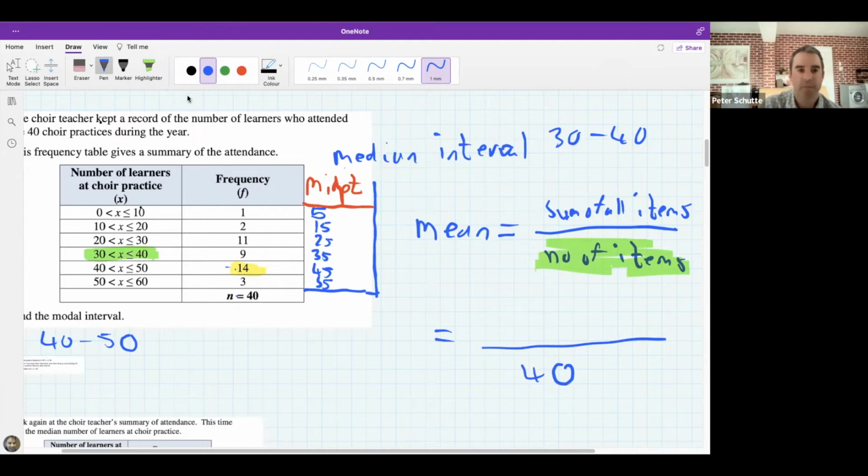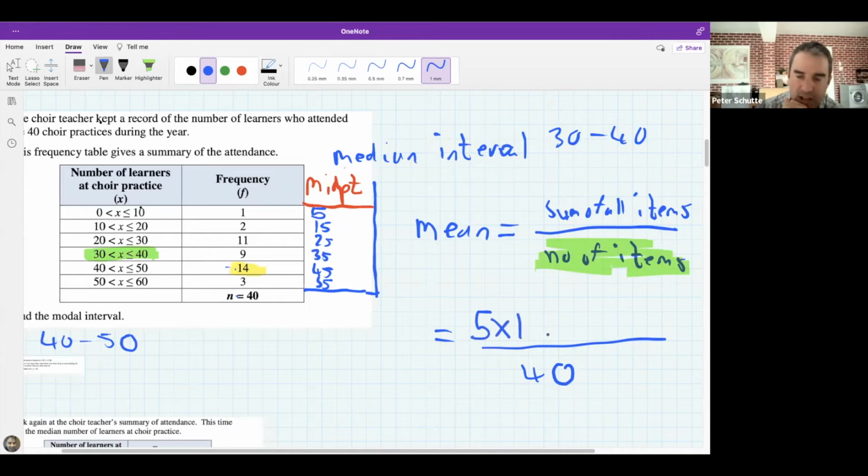Okay, but now what about the top line? We need to think about how do we add up all these items? Because we've got one item in the first one, but we've got 2 items in the second interval. And the way we deal with this is, we take our midpoint value, which is like the standard value, and we times it by the frequency.